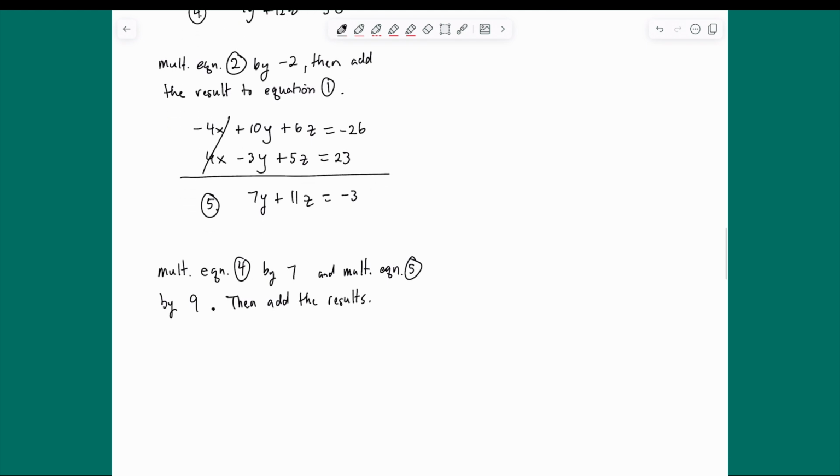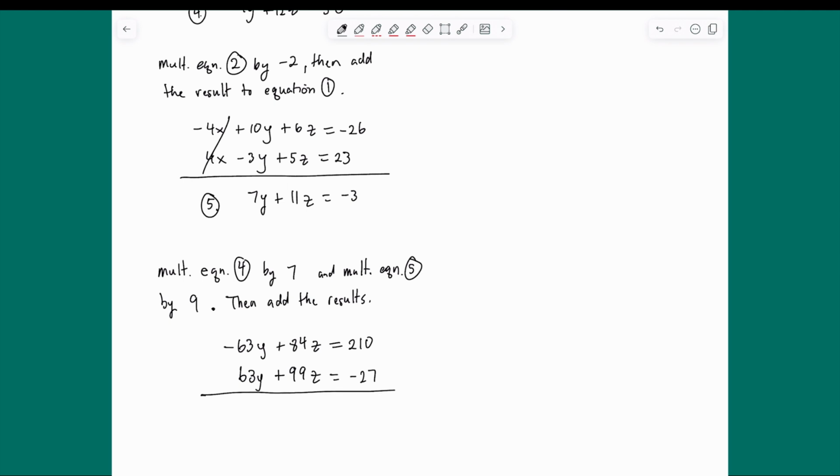So multiplying equation 4 by 7 would give us negative 63y plus 84z equals 210. Now taking equation 5 and multiplying by 9, we get positive 63y plus 99z equal to negative 27.